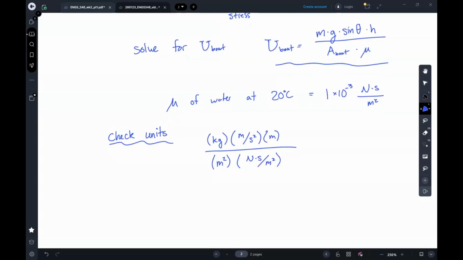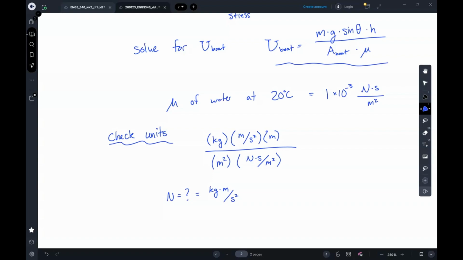So down on the bottom, we have a newton. And we have to remember what exactly a newton is. A newton is equal to a kilogram meter per second squared. I always remember that by asking, what is a newton? It's a force.